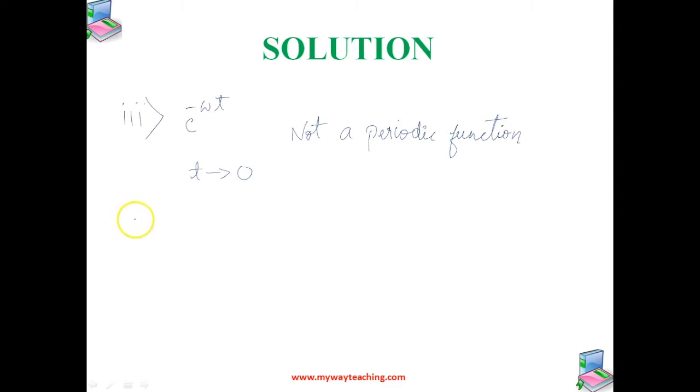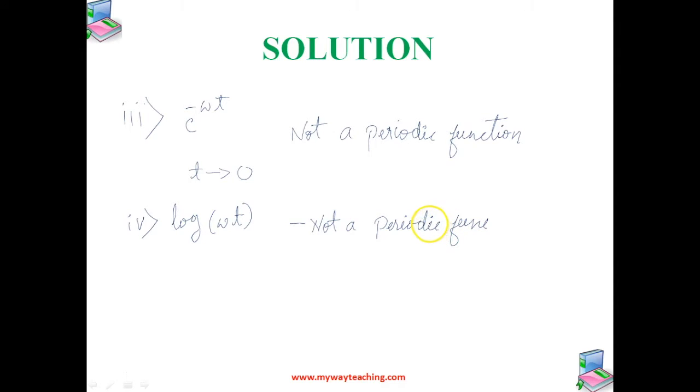Okay, and coming to the next part of the question, that is log omega t. See, this function also increases monotonically with the time t. So it never repeats its value, and again it is not a periodic function.